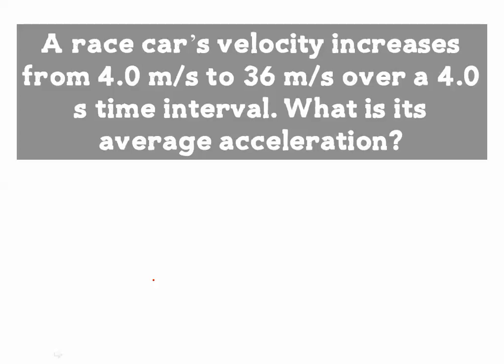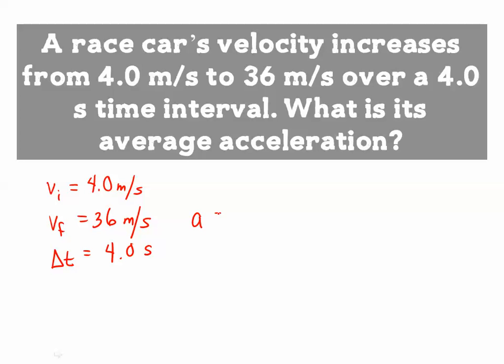So why don't you try this one, pause the video, because I'm going to go over it immediately here. The car's velocity goes from the initial velocity of 4 meters per second to a final velocity of 36 meters per second over a change of time of 4.0 seconds.